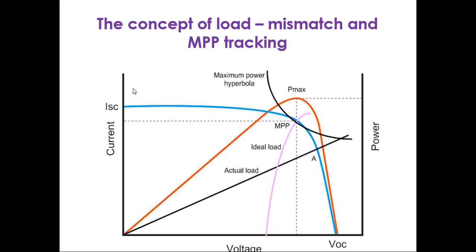The radiation largely impacts the short circuit current of the PV module, and temperature largely impacts the VOC. So you can redraw all the curves if your climate changes, and at that time your load will also change. There are three possibilities: radiation will change while load and temperature are constant, and so on. There are three factorial things you can introduce. It is not our cup of tea right now.